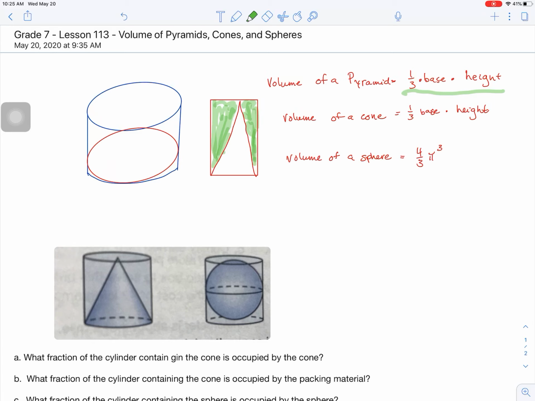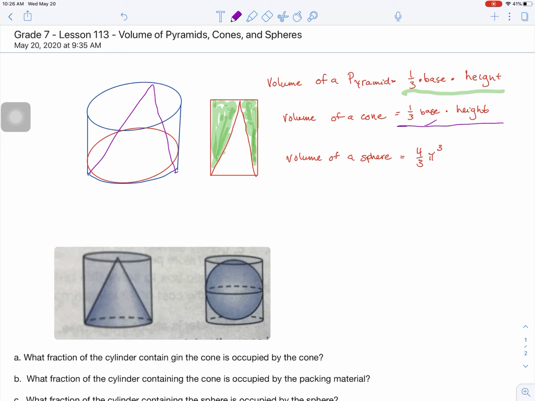And that same basic concept will work when you work with a cone. A cone will do the same thing, so you see that formula is exactly the same. Now that's slightly different when you're looking at a cylinder that has a sphere in it.